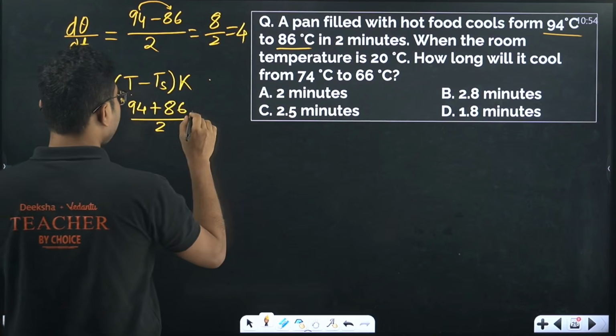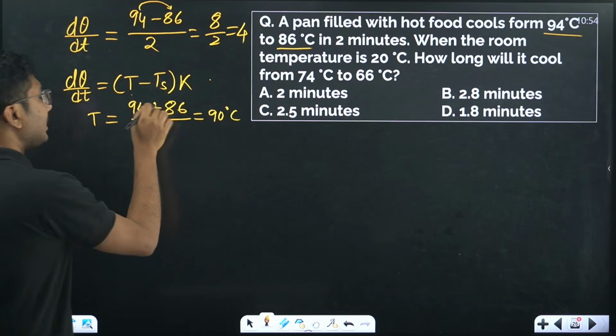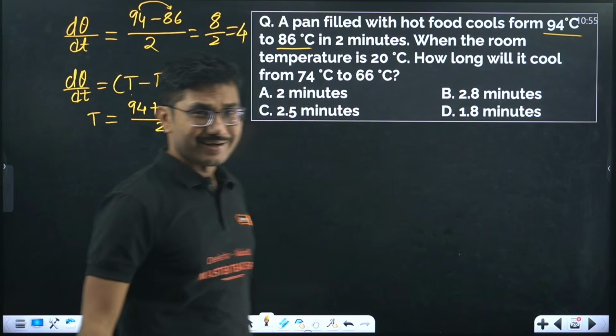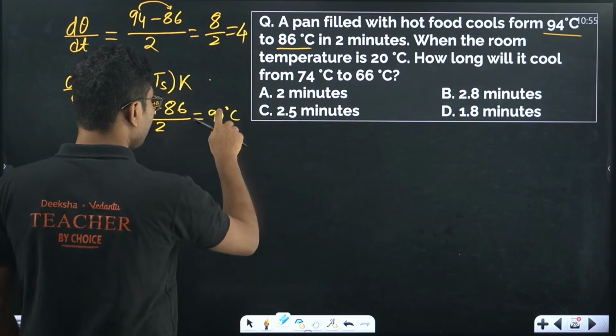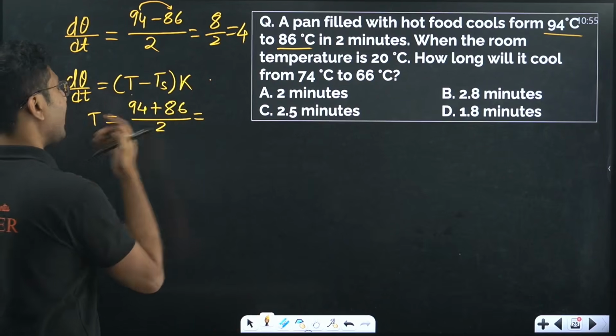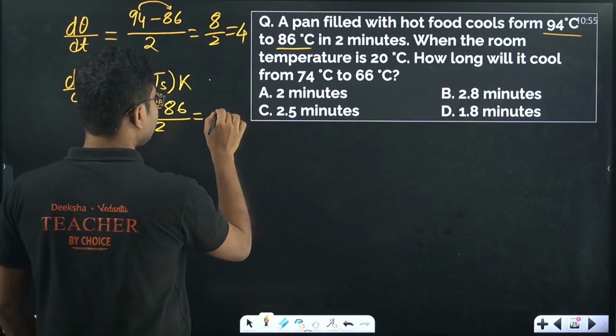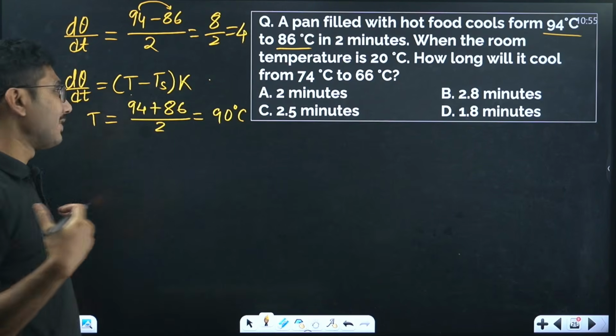Okay, so average temperature is 90 degree. 94 plus 86 is 180, by 2, it's 90 degrees. So 90 degrees Celsius is the average mean temperature.